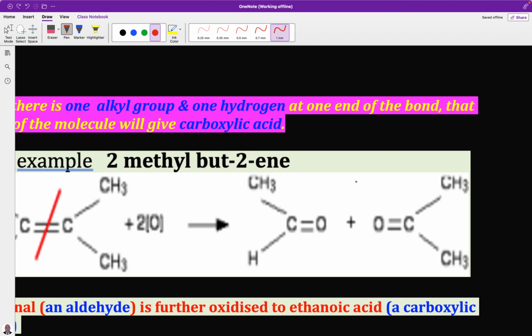Remember, this is an oxidizing agent. With an aldehyde, it can be further oxidized. So when this aldehyde is further oxidized, it will go to the corresponding carboxylic acid.